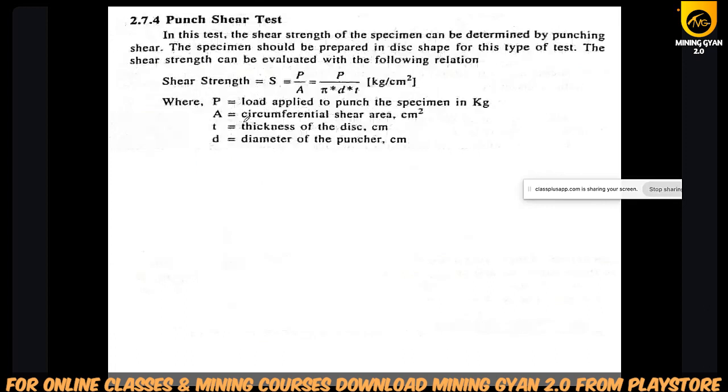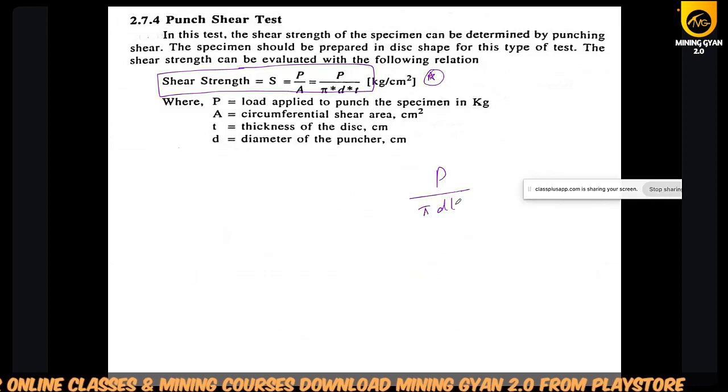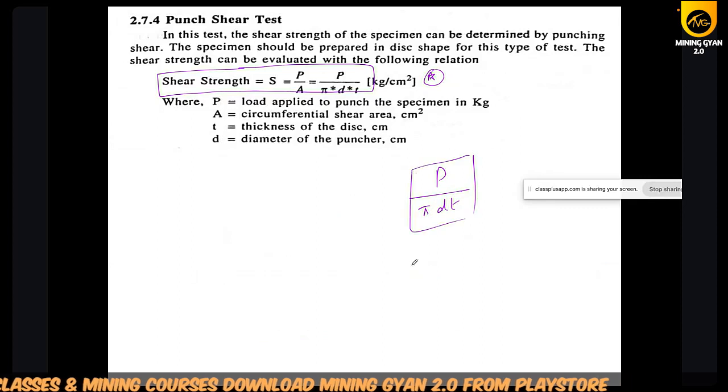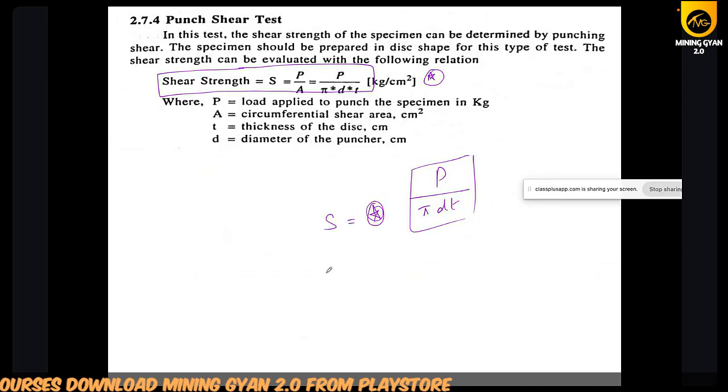Just remember. And what is the punch shear test? In the punch shear test, you should remember this formula: P divided by pi D t. The shear strength of a specimen can be determined by punching.